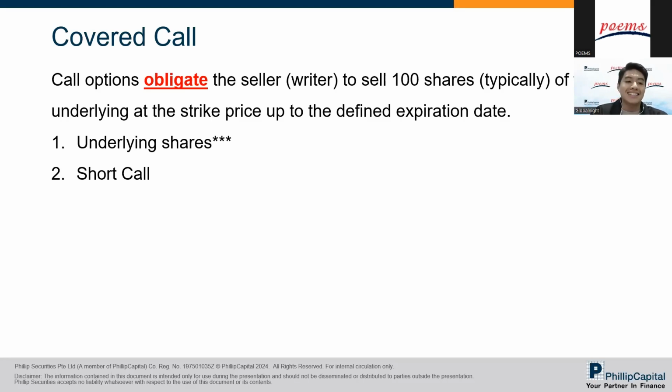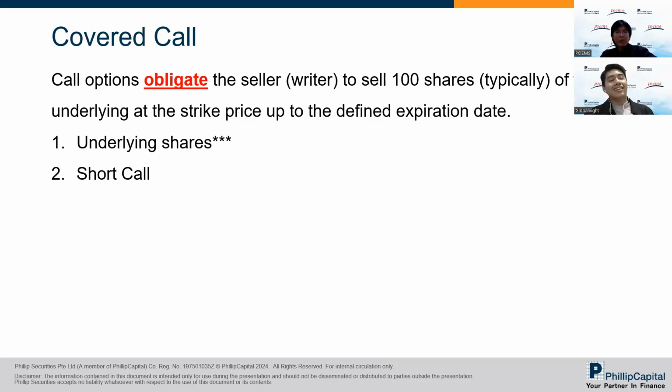Then Apple releases earnings that are much better than expected and the share price goes up, hypothetically, to $300. If you are not holding the underlying shares but the buyer exercises the right, you will have to deliver the Apple shares, but you are not holding any. So you will have to buy Apple shares from the market at $300 to deliver at your strike price of $200. This is the risk we are talking about.